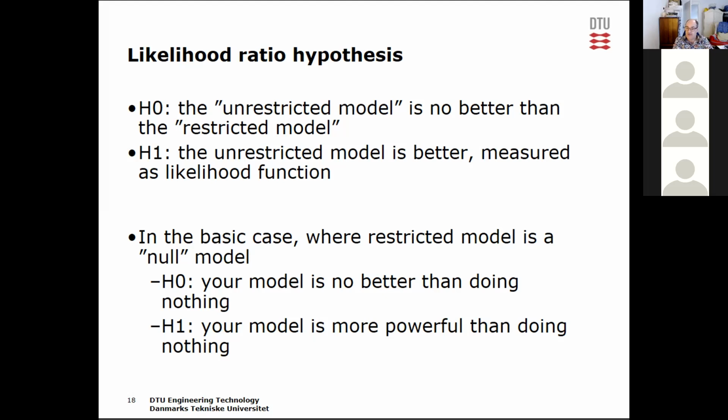Yeah, they are different. That's what we're testing for. In the basic case, when we say they're not different, we're saying, thanks for all the effort making the model, but it's worthless and you're not doing anything. As opposed to, hey, there is something going on here, your model does have some value.